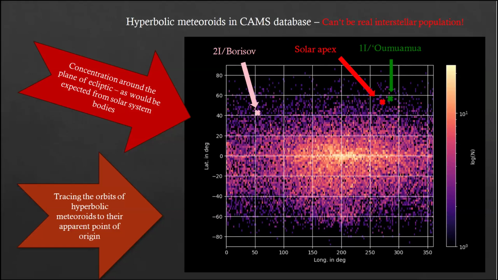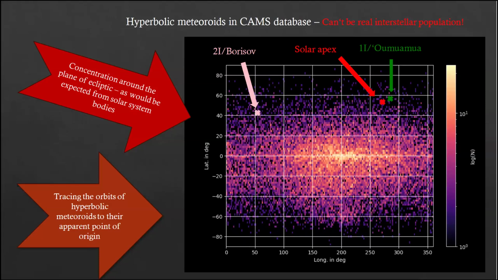And after a bit of filtering, removing the shower meteors and so on, you can see that the main part of the distribution is around the ecliptic, where we would actually expect to have a population from our own solar system, and there is really nothing in the directions where we know the interstellar objects came from. So from the directions where Oumuamua and Borisov came from, or from the solar apex.